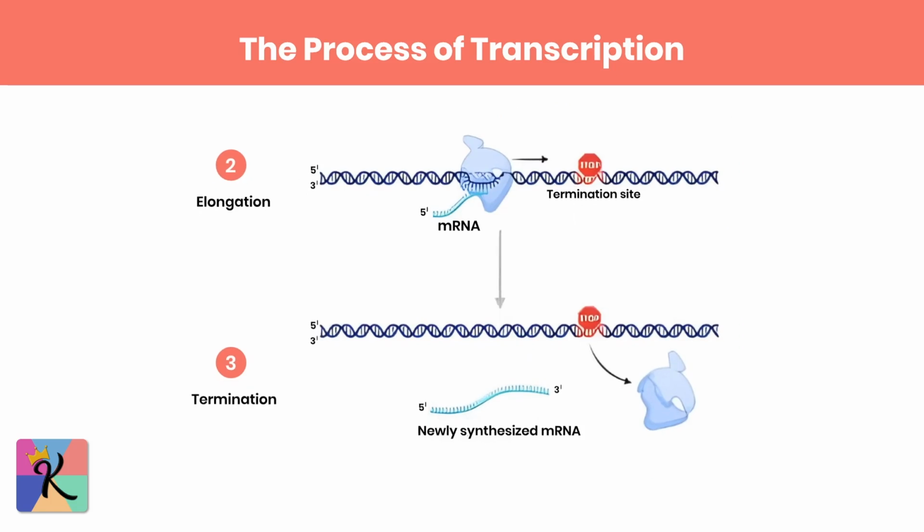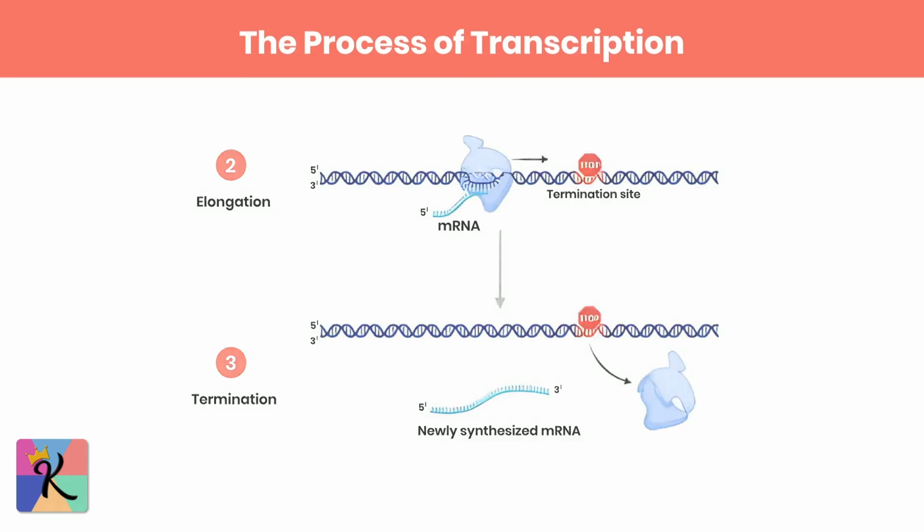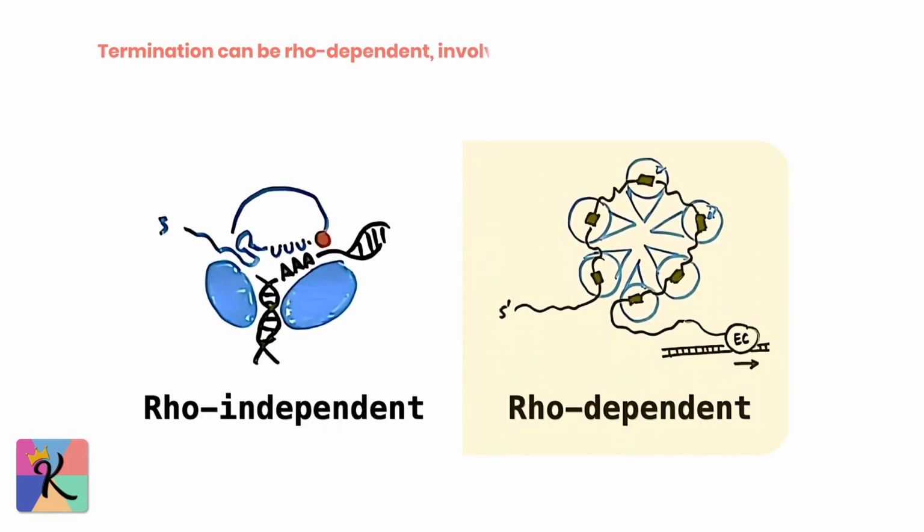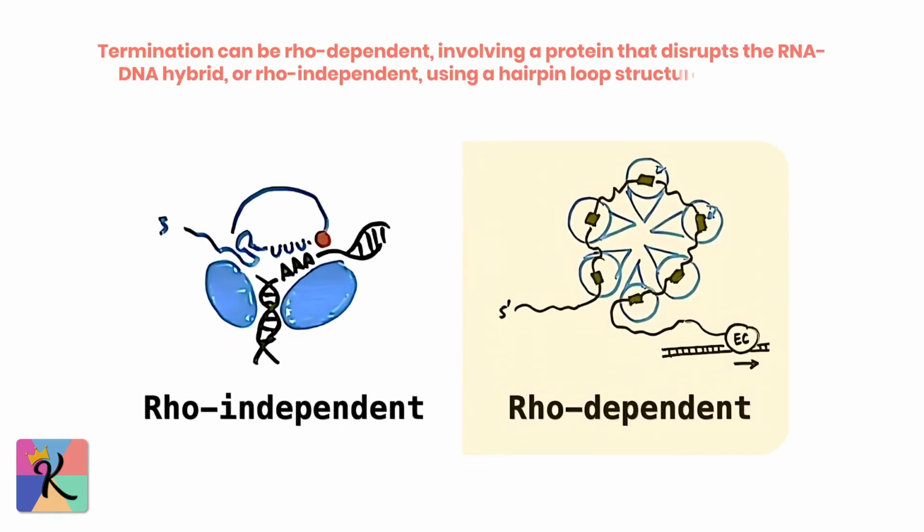Termination: in eukaryotes, transcription often stops at a polyadenylation signal, AAUAAA, which leads to the release of the nascent RNA transcript. In prokaryotes, termination can be rho-dependent, involving a protein that disrupts the RNA-DNA hybrid, or rho-independent, using a hairpin loop structure in the RNA.